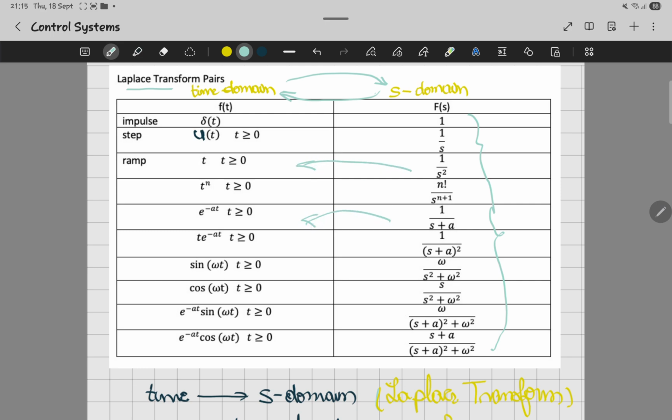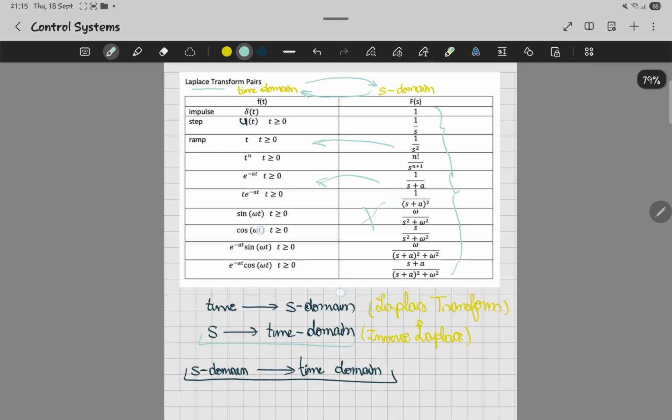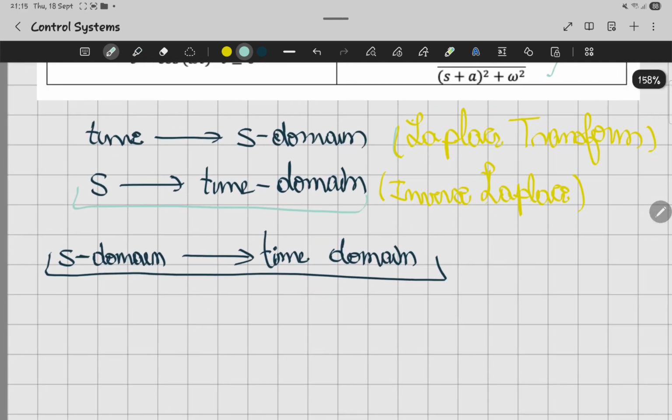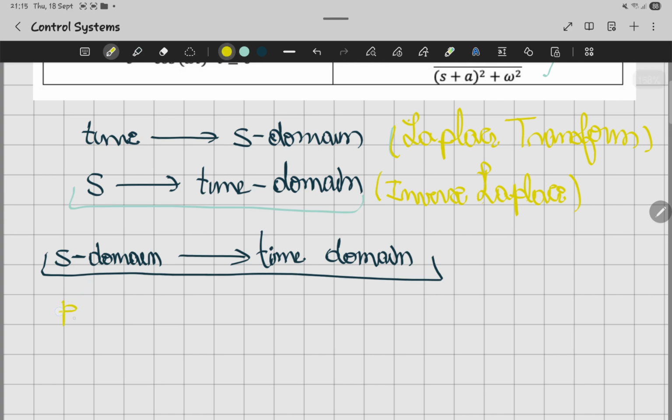Now there is a problem if there's no form like this in your equation. That's why we're using partial fraction.